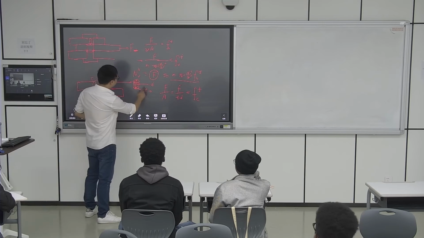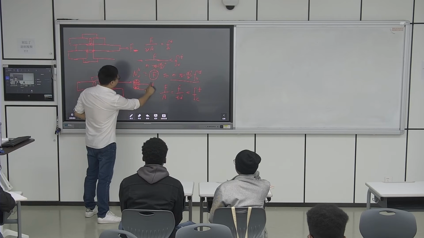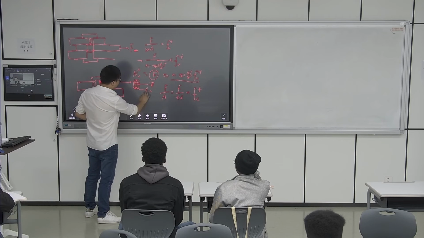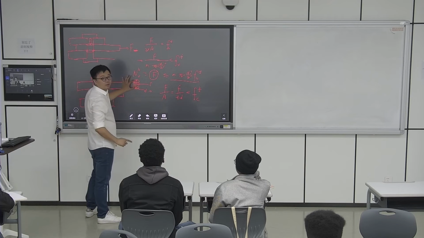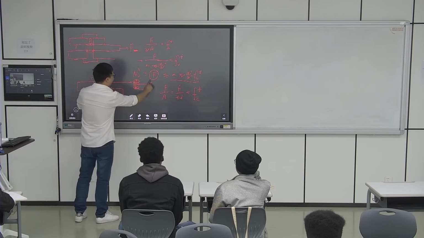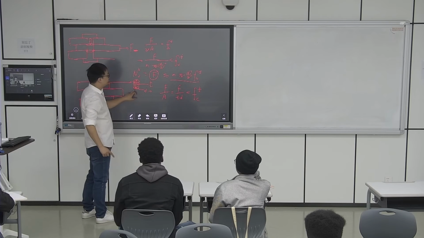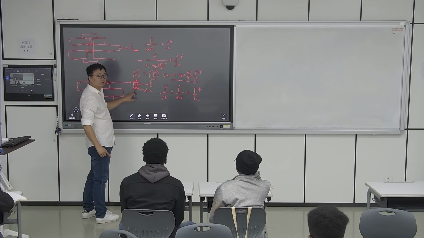Okay, this is D, this is T. This is D, the diameter, this is T, the distance. D is the diameter for this one, T is this one, the height. Understand?